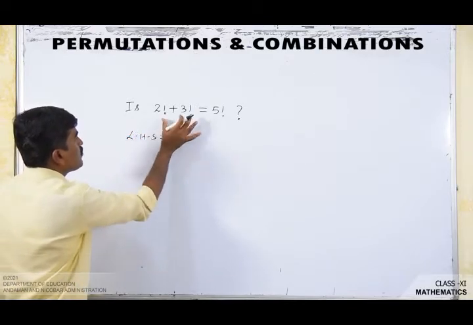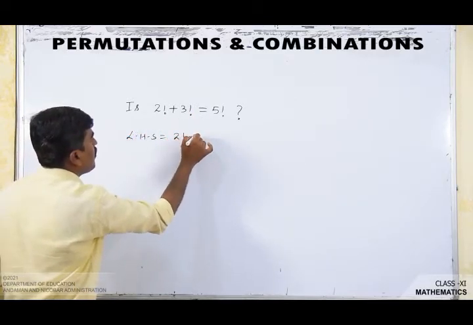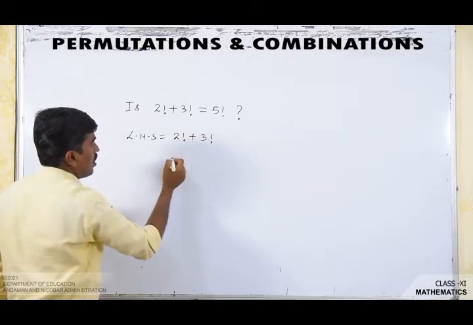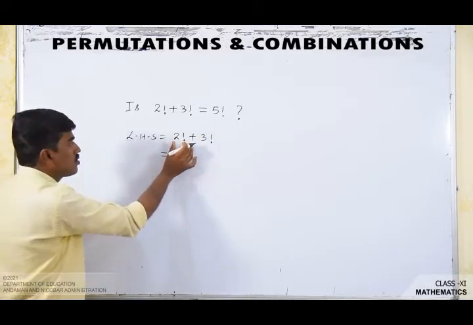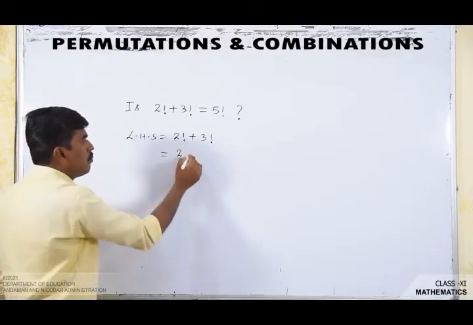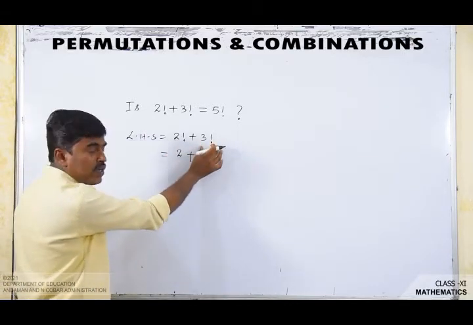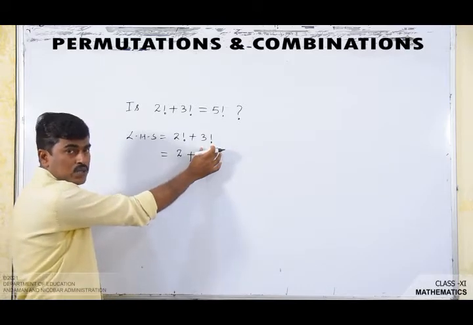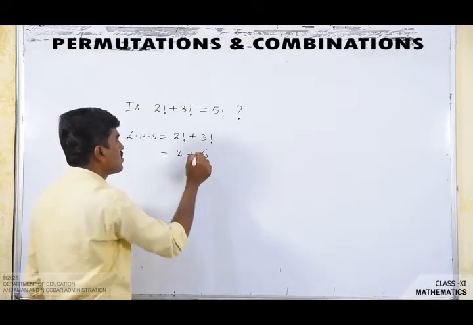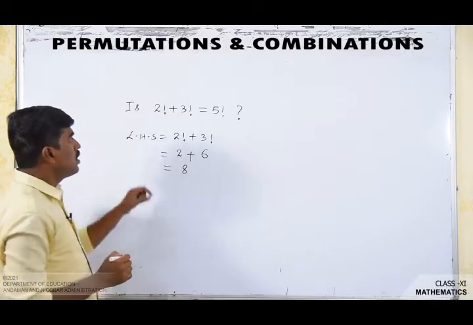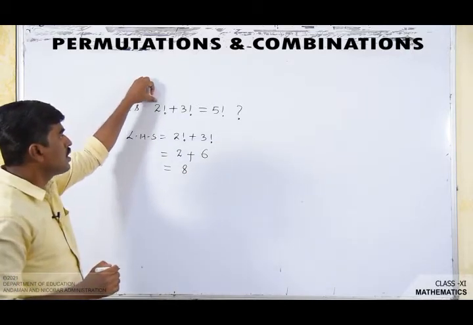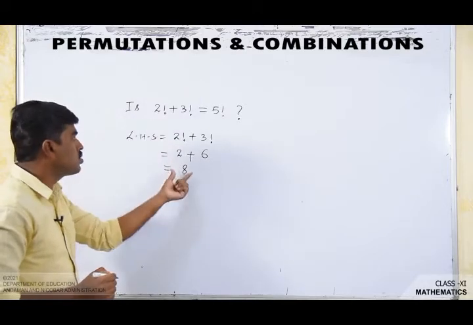LHS of this expression is 2 factorial plus 3 factorial. What is the value of 2 factorial? 2 factorial means 2 into 1, so that is 2, plus the value of 3 factorial, which is 3 into 2 into 1, that is 6. So it is 6 plus 2, that is 8. So the LHS is 8.